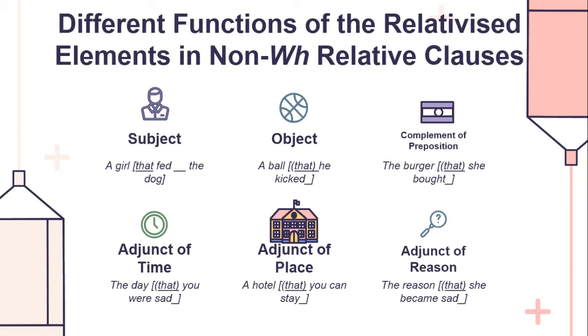As you can see here in the example, there is a blank space in every sentence. From the first example, we can see "a girl that fed blank space the dog."